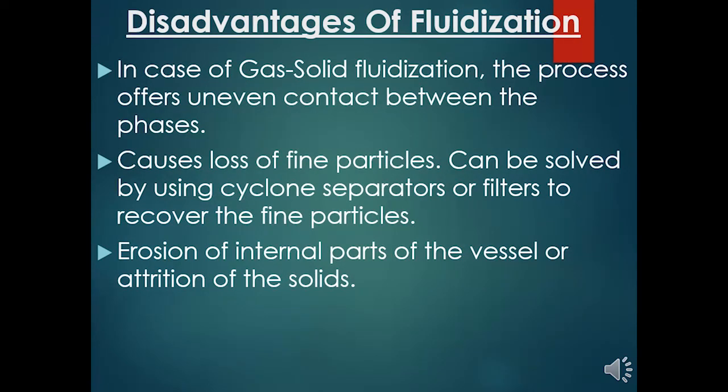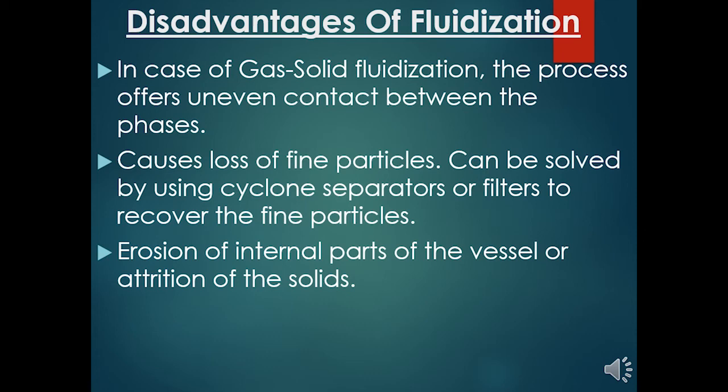And if we come to the disadvantages of fluidization, in the case of gas-solid fluidization, the process offers uneven contact between the phases. This occurs mainly due to phenomena like slugging, as we discussed before. Some areas of the fluidized bed may be contacted with more fluid, and some areas may not even get contacted with the fluid, and that can be a problematic issue.